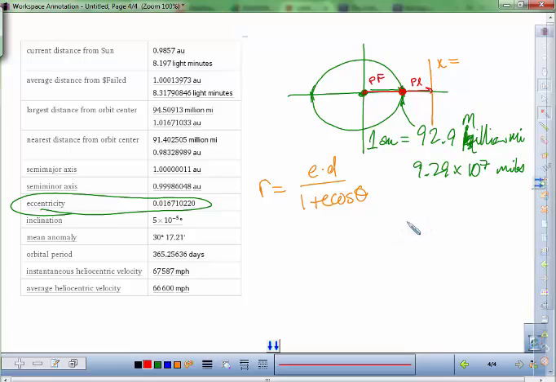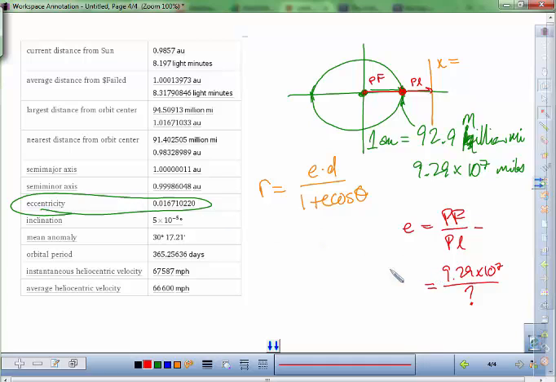And eccentricity is equal to PF over PL. Our PF, this distance over here, we said is 9.29 times 10 to the 7th, over PL. So this is a distance that we're looking for.